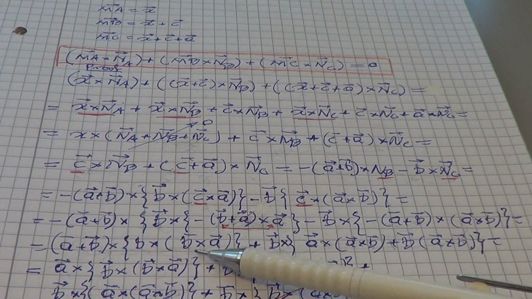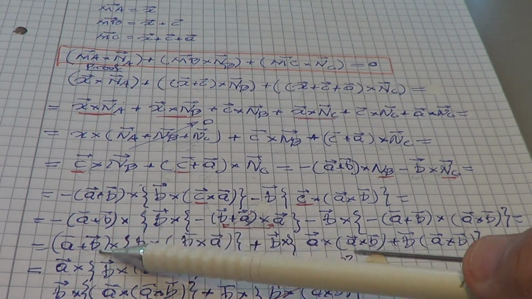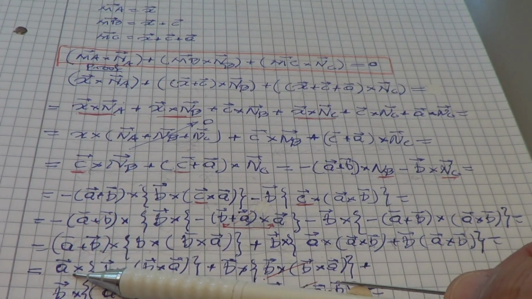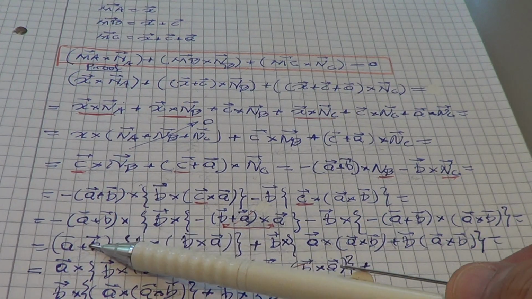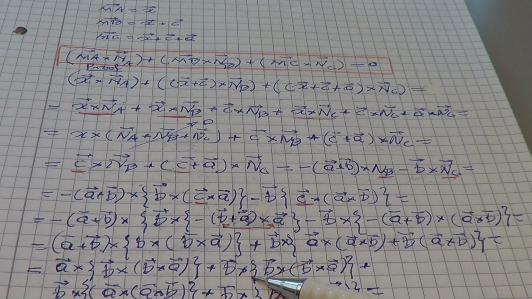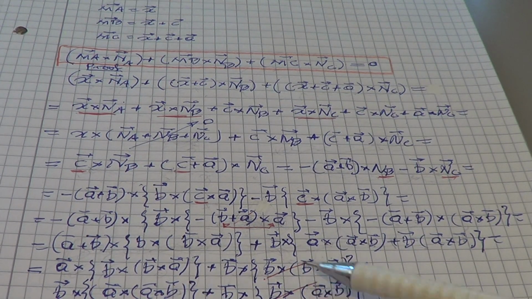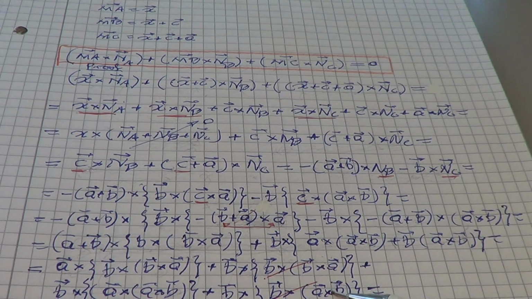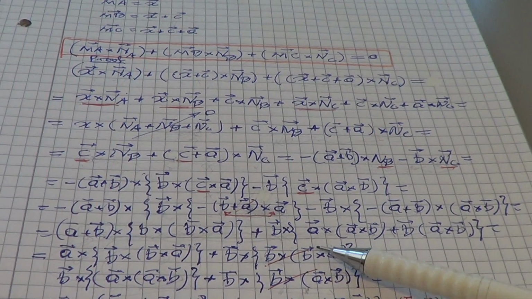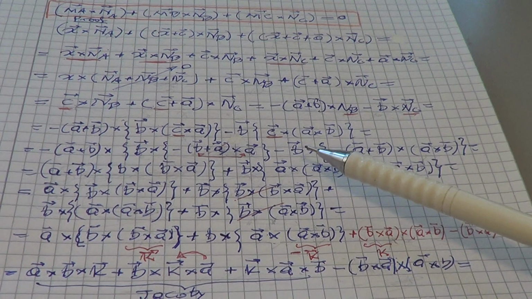Now if we open the parentheses here, we have A cross product with this expression and B with another expression. For the second item, we have another two items with the same technique, but these two items are opposite to one another and they cancel simultaneously.